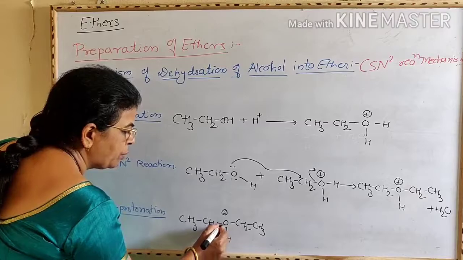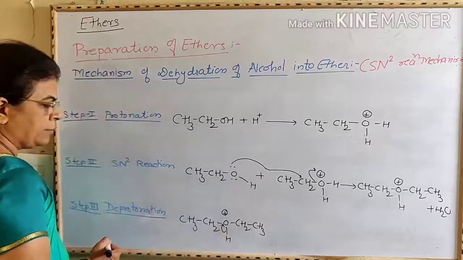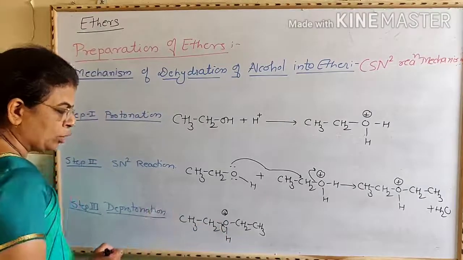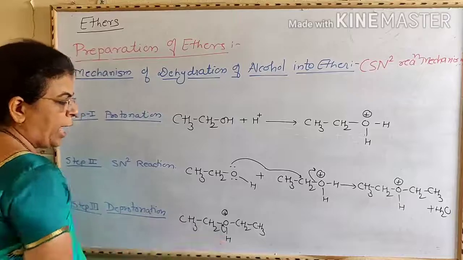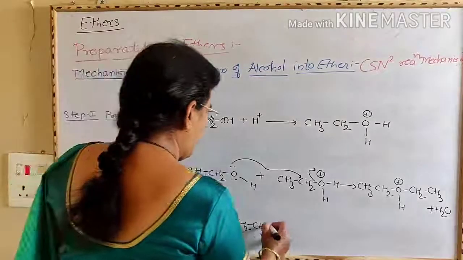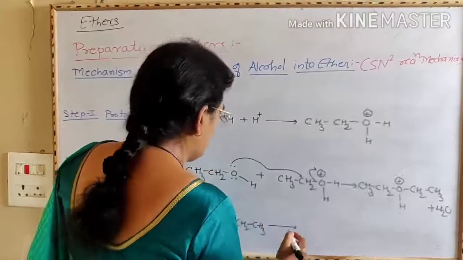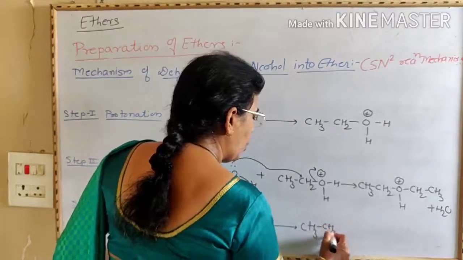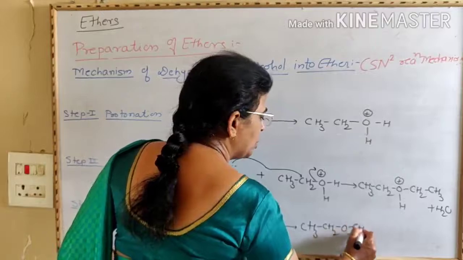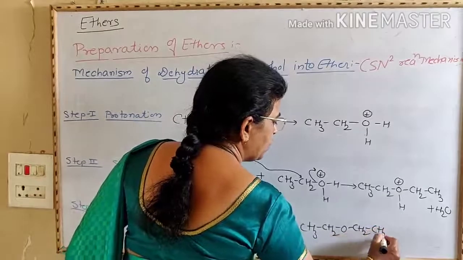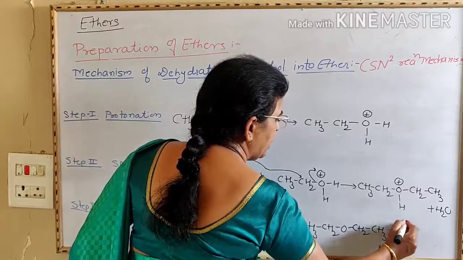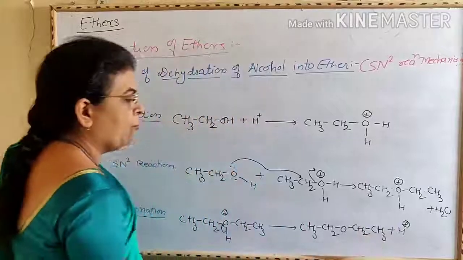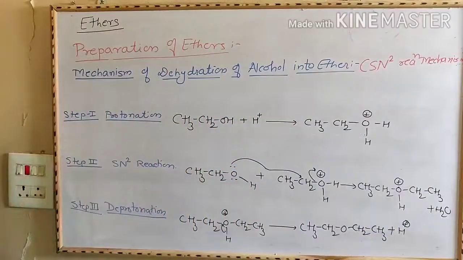This hydrogen atom gives its electron pair to this oxygen atom, and it is removed as H plus ion to form CH3CH2OCH2CH3 plus H plus ion. Here diethyl ether is formed. This is the mechanism of dehydration of alcohol into ether.